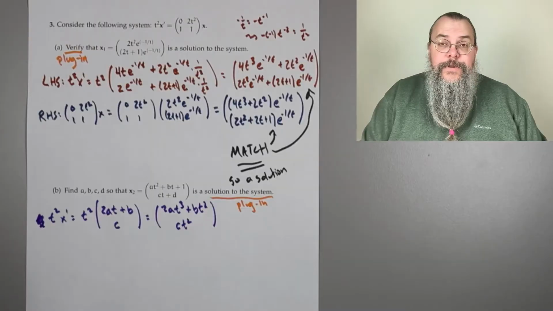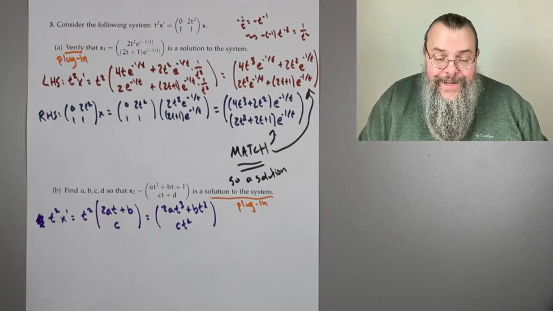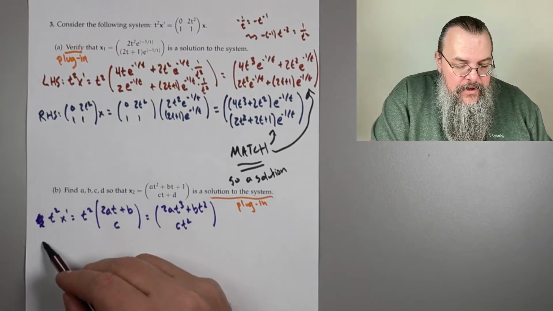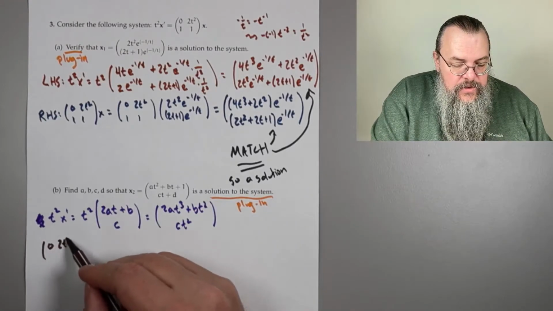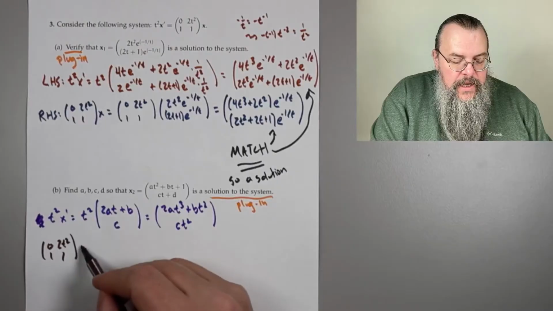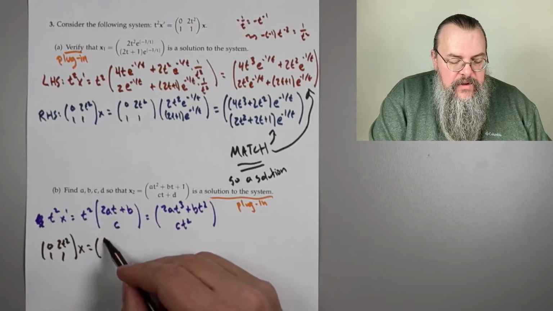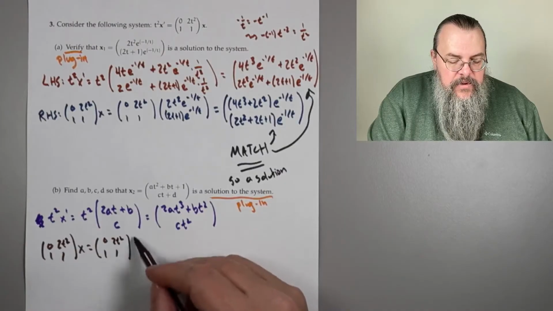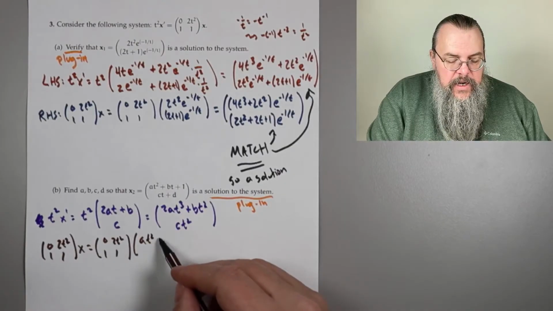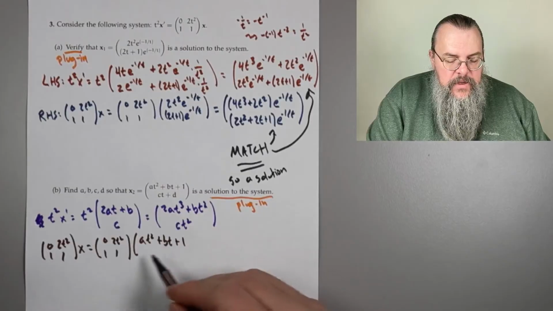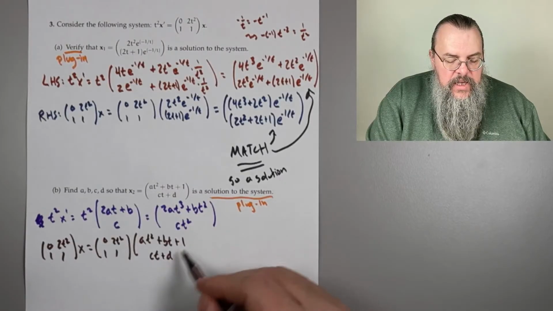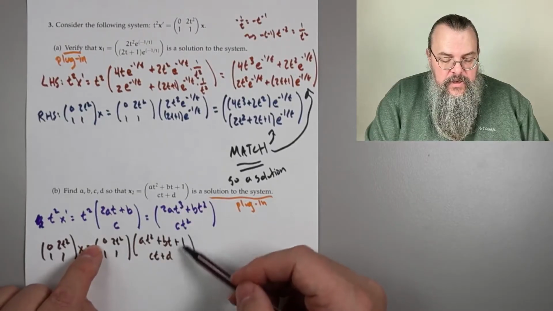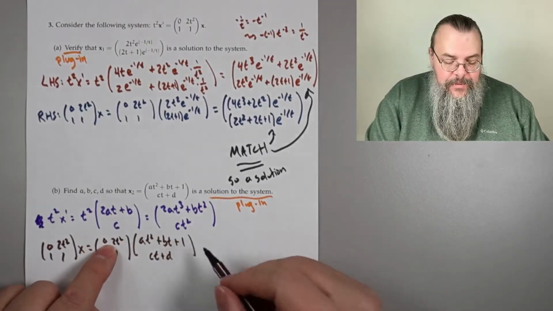Now we're going to do the same thing but with the right-hand side. Okay, so we're going to take our matrix 0, 2t squared, 1, 1, times x. That's 0, 2t squared, 1, 1, times at squared plus bt plus 1, ct plus d. Okay, so multiplication, you get 0 plus 2t squared times ct plus d.